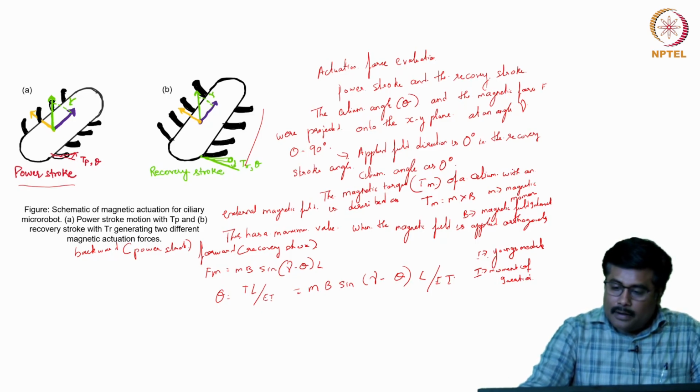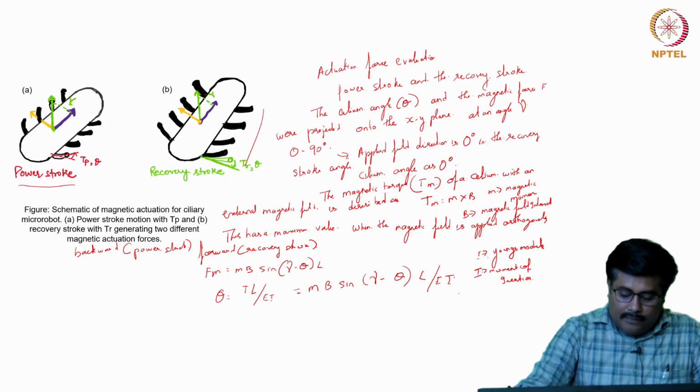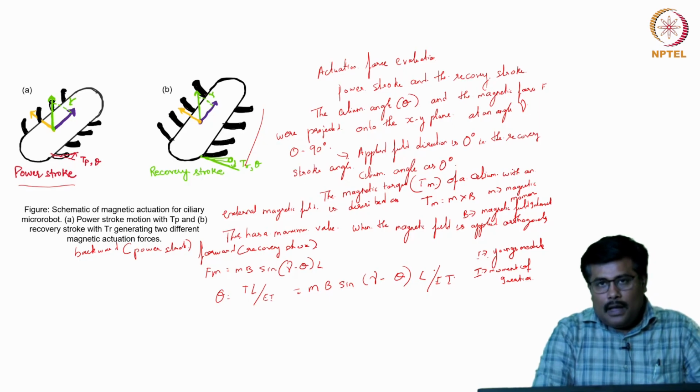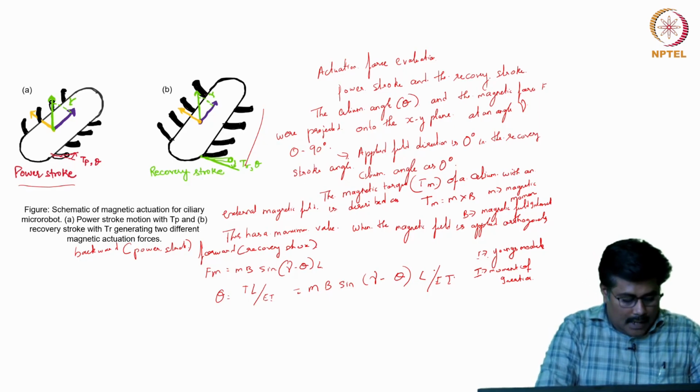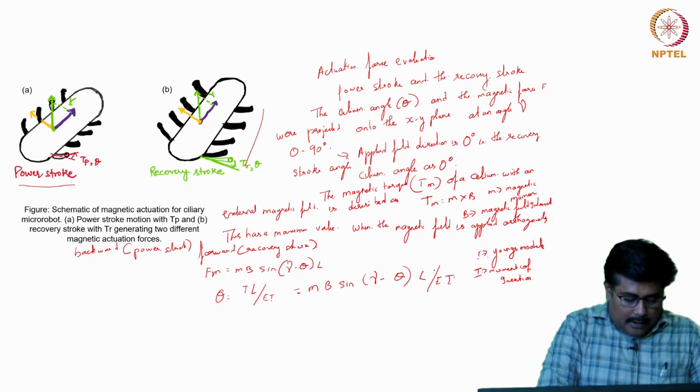The relationship between the applied magnetic field direction gamma and the cilium angle theta is used, and the magnetic force F is calculated appropriately.